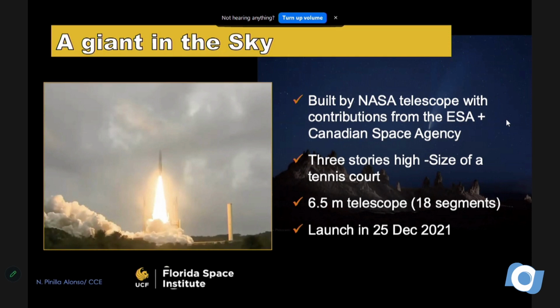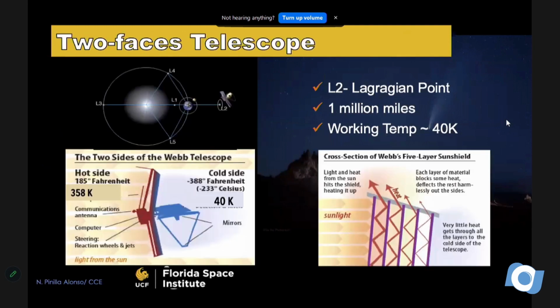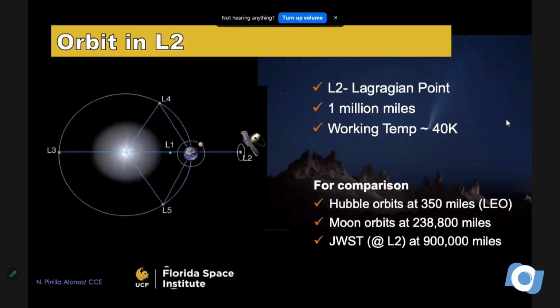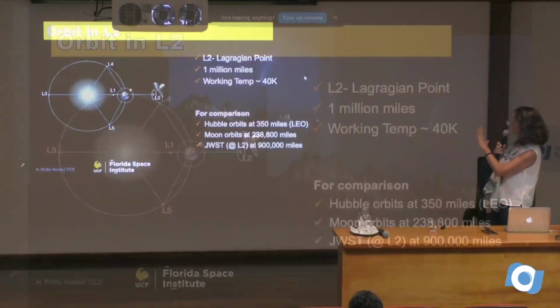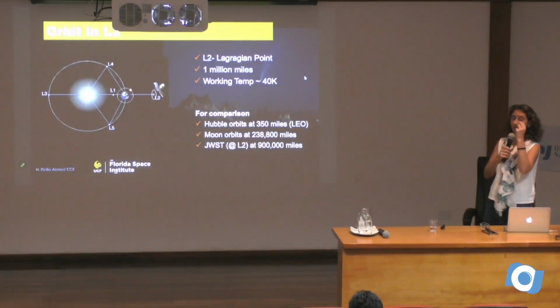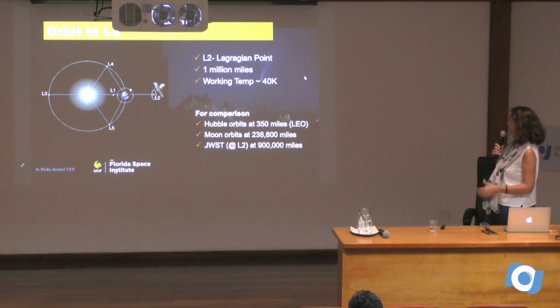You cannot launch something like that with a 1-segment mirror, so it was composed of 18 segments. This is where it is now. It's orbiting at the second Lagrangian point, so that is far enough to be protected from the more dirty area around low Earth orbit, and also so that it can be protected from the sun, because if we're going to go for near infrared, you want it to be really cold.